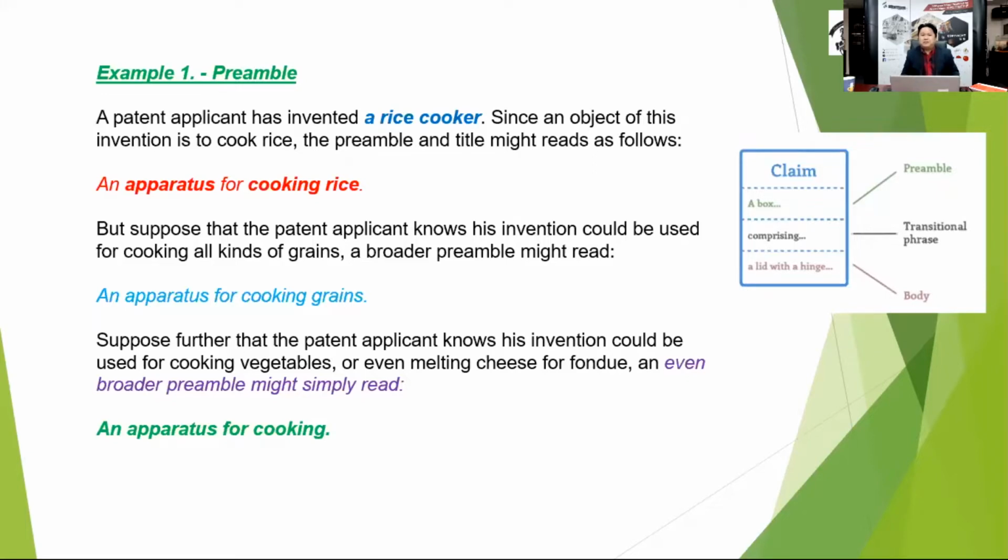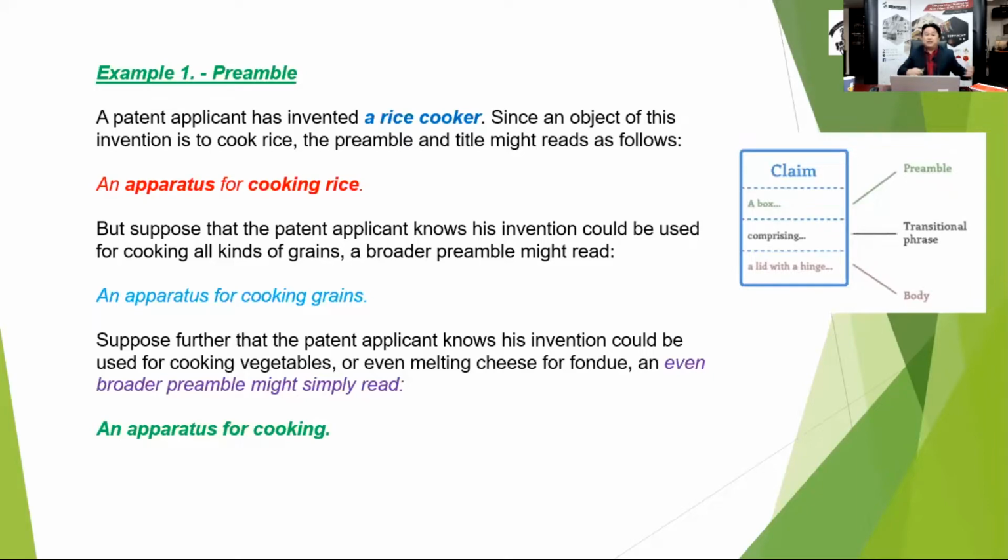But it seems like this apparatus can cook anything, vegetables or melting cheese and all these things. So I need a broader preamble, and therefore I decided to put an apparatus for cooking. That means I'm not limiting myself only to rice.